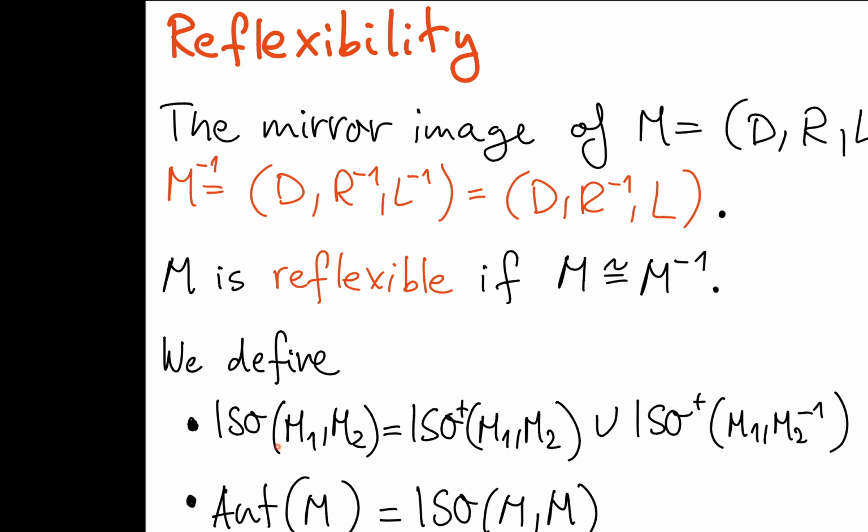So the full set of all isomorphisms is obtained together by the orientation preserving isomorphisms and by the orientation reversing isomorphisms to the mirror image. Similarly, the full set of automorphisms. And the orientation preserving automorphism group is a subgroup of the full automorphism group, of course.